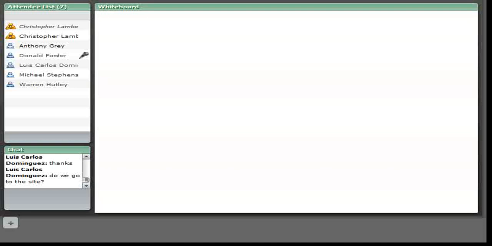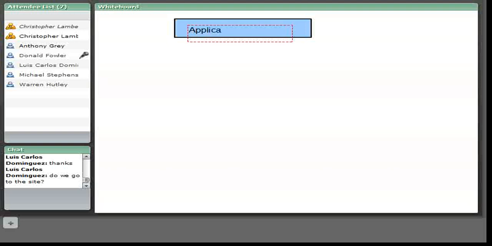The first step in the RPL is to submit an application. That application tells us that you actually want to do RPL and which units you want to do RPL for.